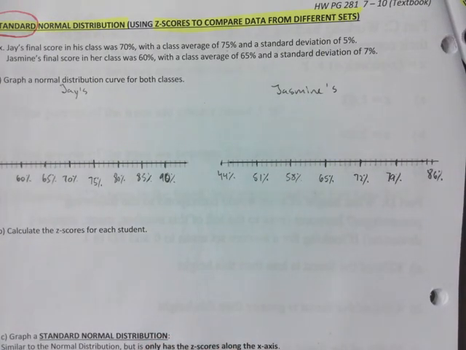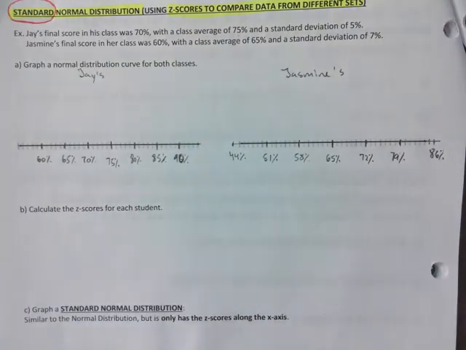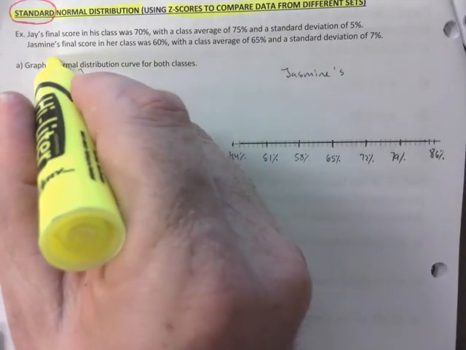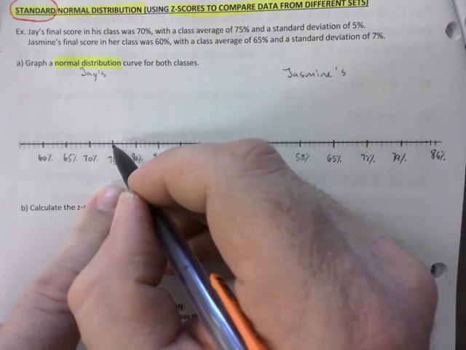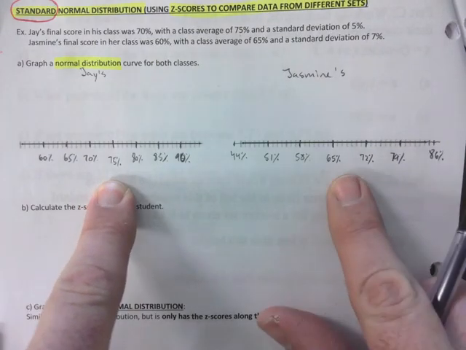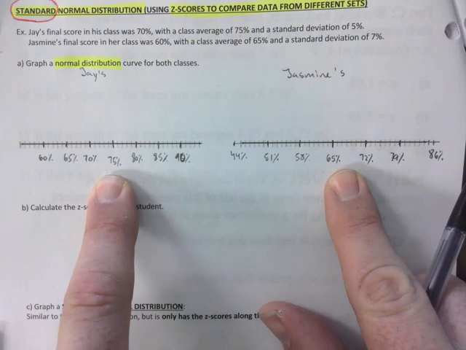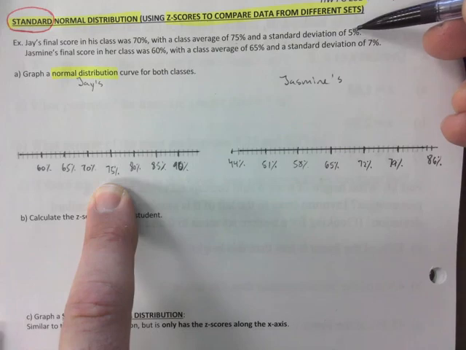So we've got Jasmine and Jay's normal curves side by side. We could have them on the same graph, but I want to have them separated. So this is a normal distribution. So you go to J, 75 was the average. Go to the highest. Which one is going to be slightly steeper out of the two curves? Looking at the normal distributions, J's is going to be slightly steeper.